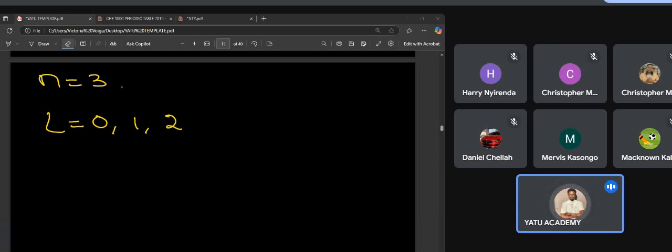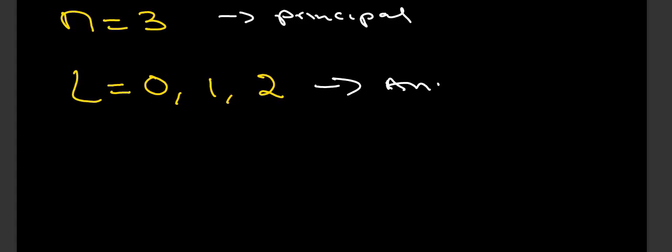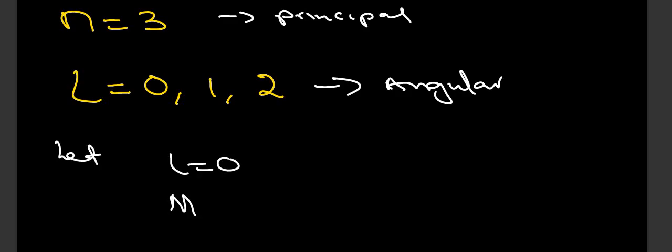Okay, if you're okay with n and L, now we're going to use the L values we've gotten to get the corresponding magnetic quantum numbers. Here we have principal, here angular. Now how about magnetic quantum number? Let L be equal to 0. What is ML going to be?